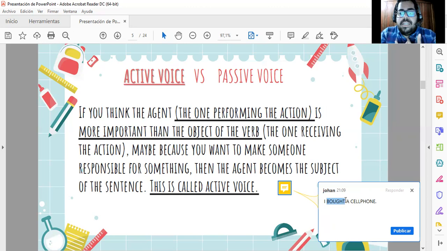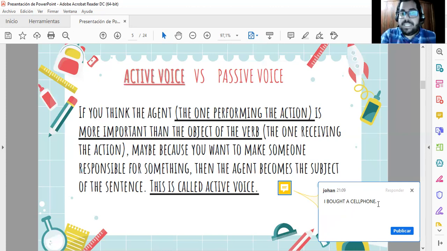Okay, teacher, and what is the object of the sentence? Well, guys, remember that normally the object is the one that receives the action from the verb. Teacher, and how do I know the object in a sentence? Well, guys, let me give you a tip.